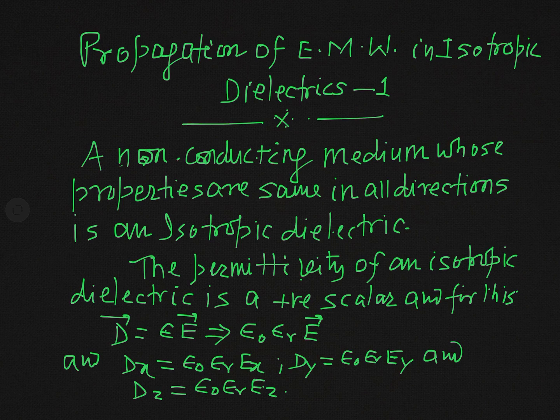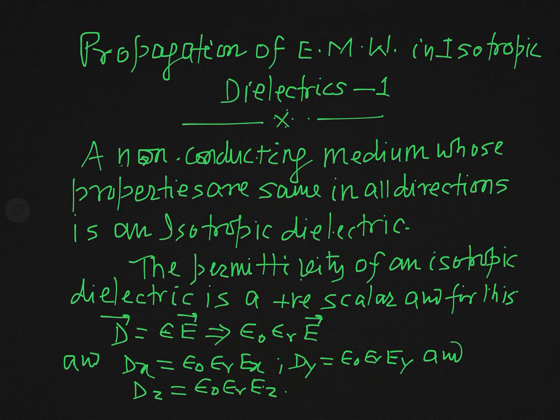In other words, you can say that the properties of this medium are independent of direction. Actually, this is due to the scalar nature of the dielectric constant or permittivity of this medium.